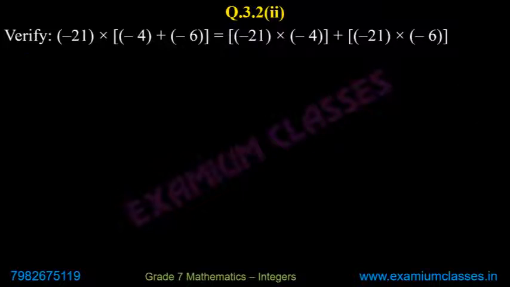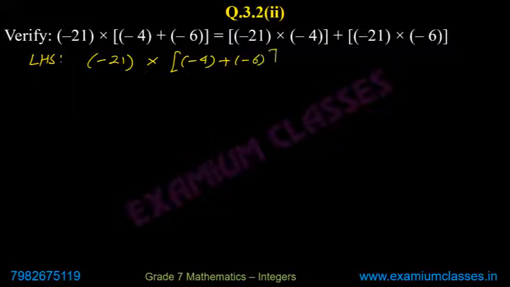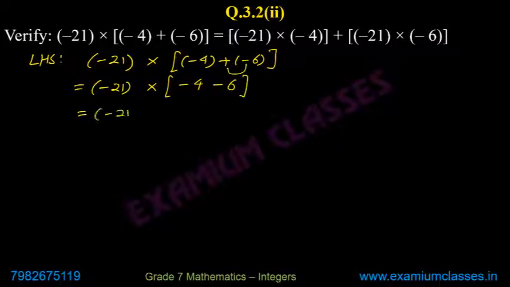Look here. Now, left-hand side. Minus 21 into minus 4 plus minus 6. It is effectively equal to minus 21 into minus 4 and then plus into minus 6. That is minus 21 into minus 4 minus 6.